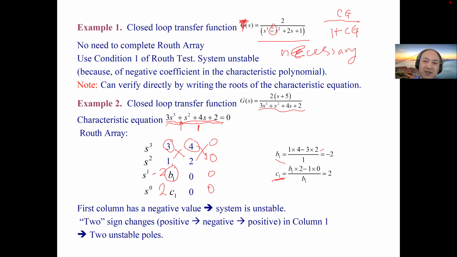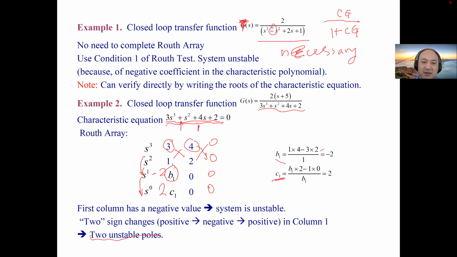So this one says all positive is necessary, but does that mean this is still stable? We need to check the first column of this table. So the system is unstable, but I want to know how many unstable poles. One sign change from here to here, another sign change from here to here: positive to negative, negative to positive. So we have 2 unstable poles. Okay.